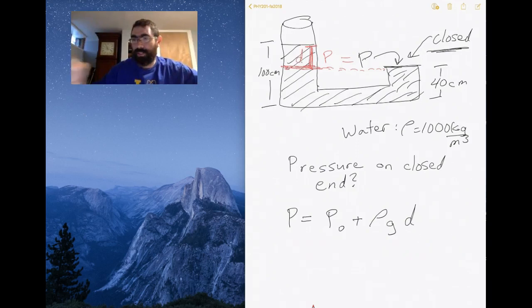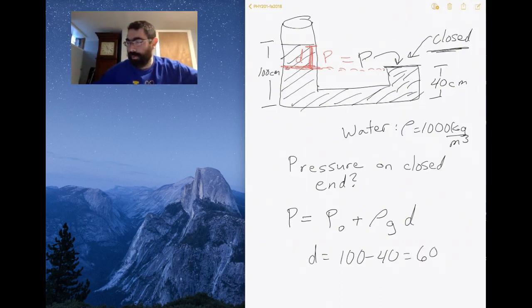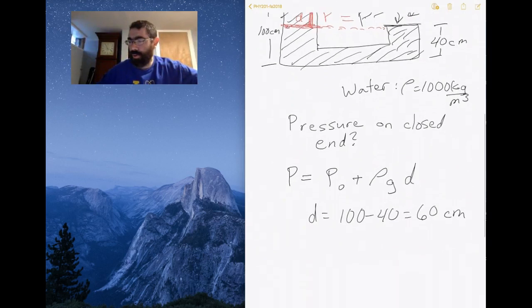That's going to be d. So d is our 100 centimeters minus the 40 centimeters to the bottom, which means it has a depth of 60 centimeters. So d has a depth of 0.60 meters.